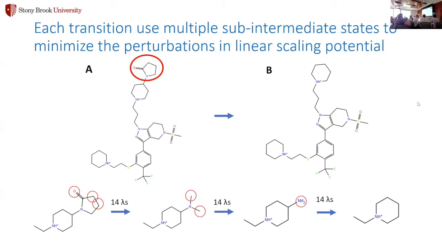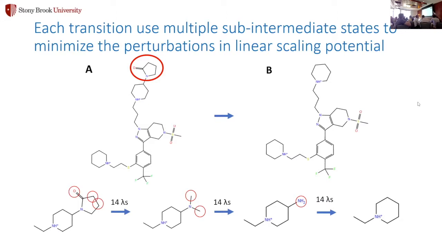Every time we remove the 2-oxo pyrrolidine group, we divide it into 3 steps, removing just a little bit of heavy atoms each time to make it as less perturbing as possible. That means we accumulate many lambda windows, so overall we have 40 lambda windows. If we were using soft core potential, this could be done in 1 step.